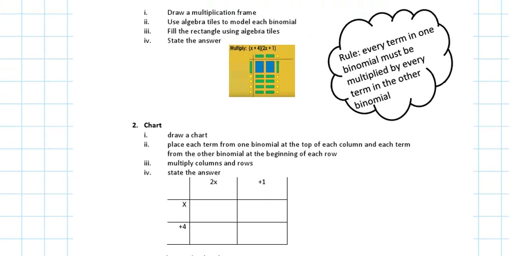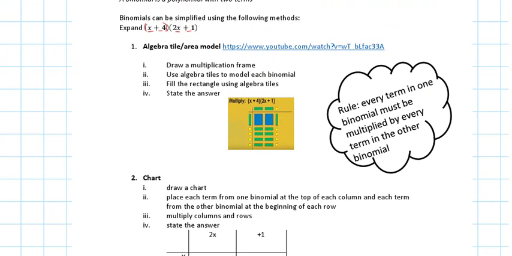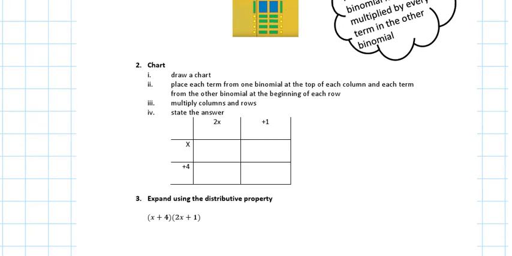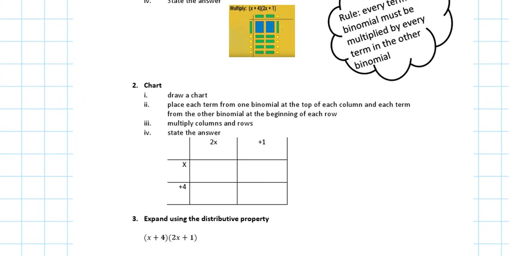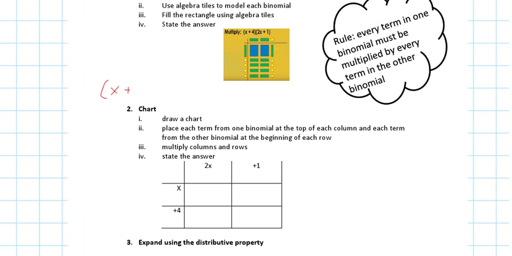We can also use what we call a chart model. The chart model is similar to the algebra tile model we just did earlier, except I'm not using the tiles, I'm actually using the numbers that I have. So you can make a table like this, and remember that I'm multiplying x plus 4 times 2x plus 1.